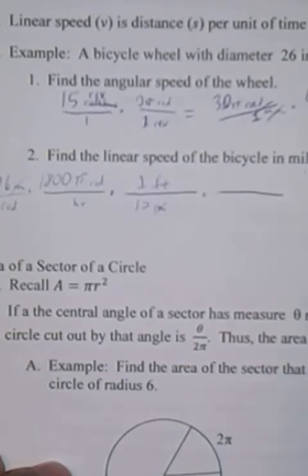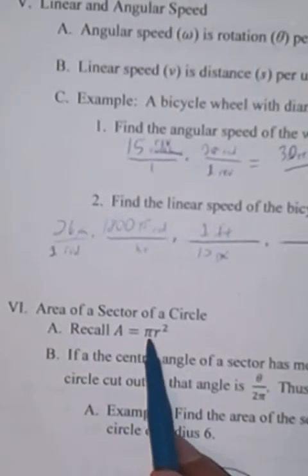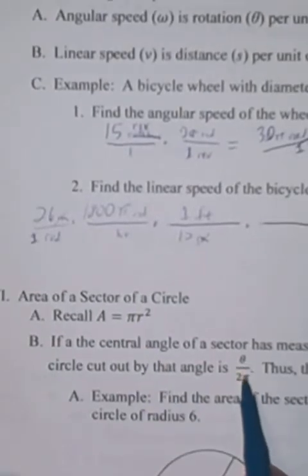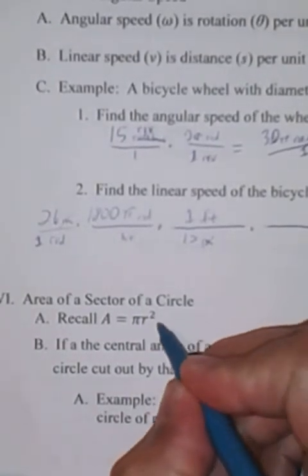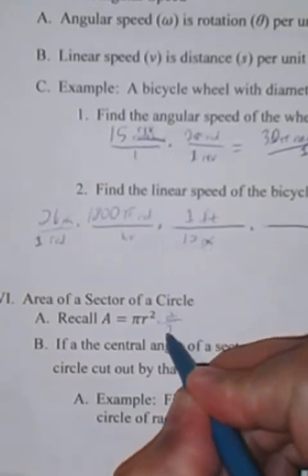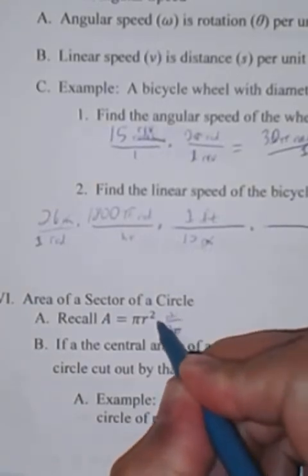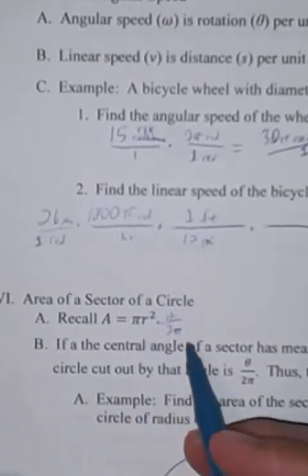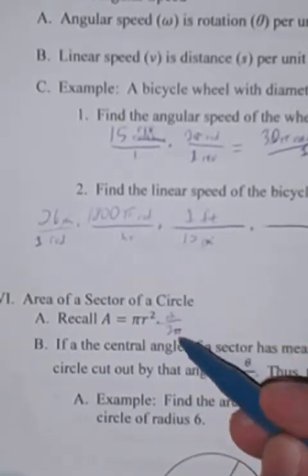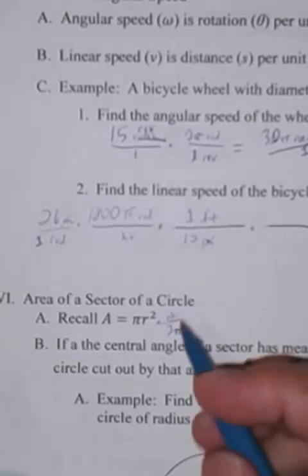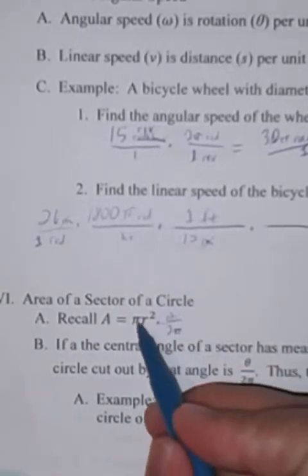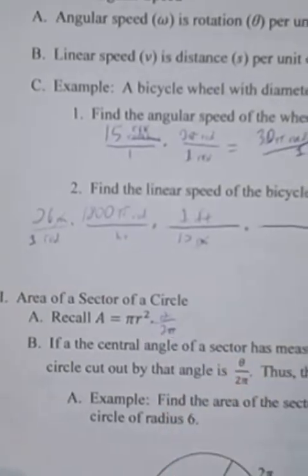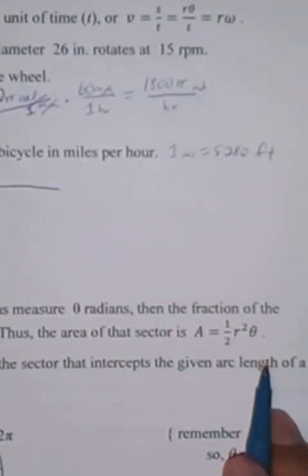So the area of the sector is the area of the whole circle, pi r squared, multiplied by theta over 2 pi. This is just the sector of the circle, the part you want to know, so you just multiply by that fraction. Your pi's cancel, and you have r squared theta over 2, or 1/2 r squared theta.